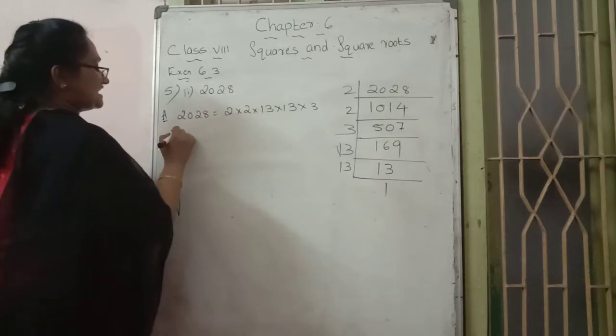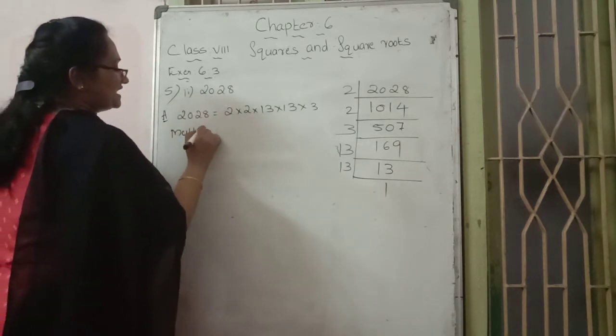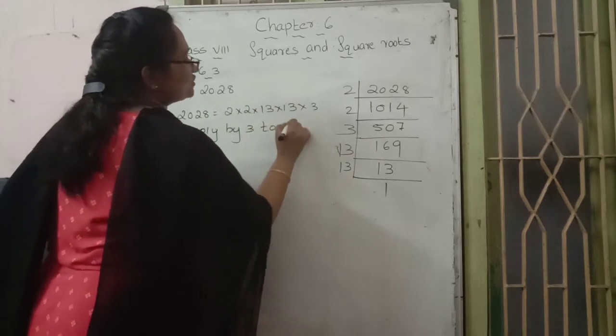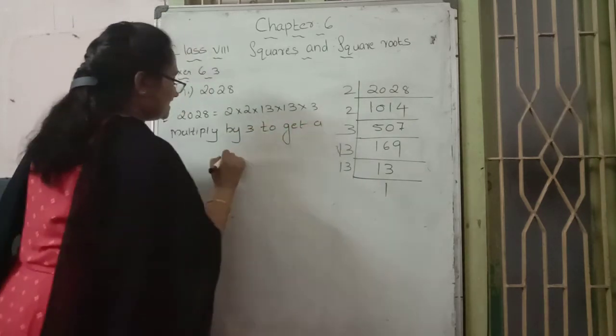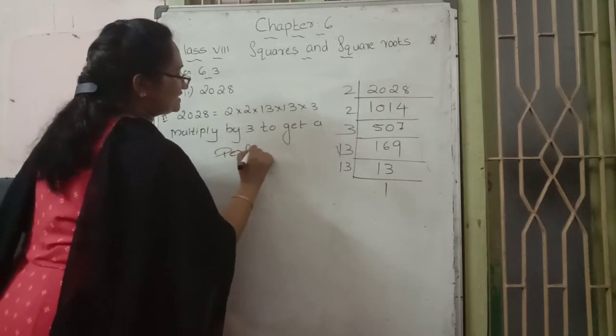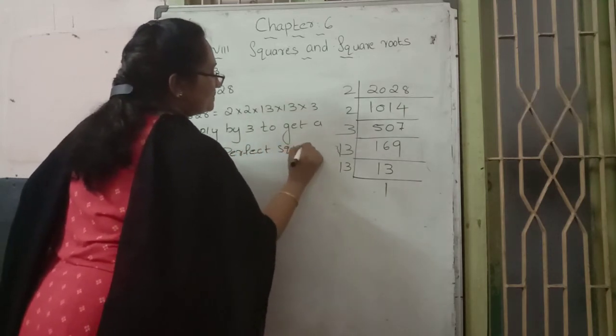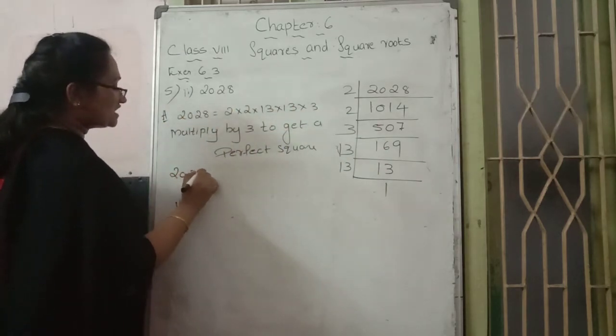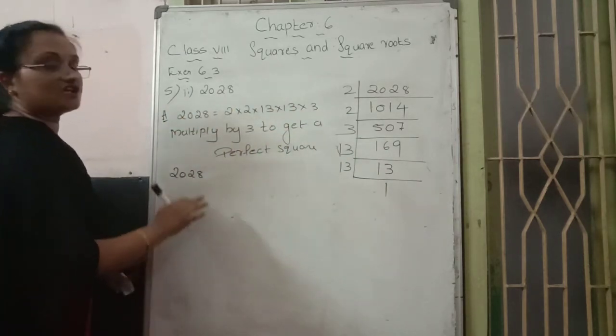So next we can write the sentence: multiply by 3 to get a perfect square. So at multiplying time, any change made in the factor place, the same change is made in the number place, which is the given number 2028.